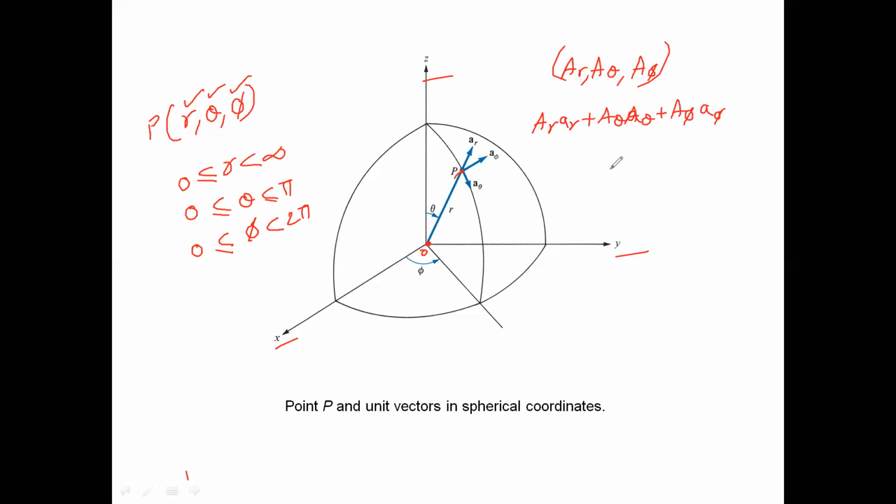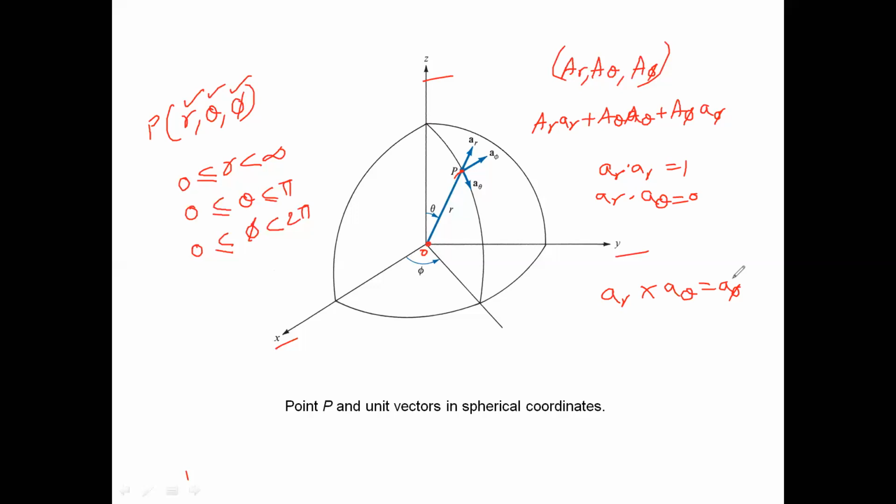Obviously you can write the dot products also: the same unit vector dot product results in 1, different unit vectors result in 0, and the cross product results in the other vector. Obviously here also all three are perpendicular to each other, that is orthogonal in nature. Okay, that is the spherical coordinates.